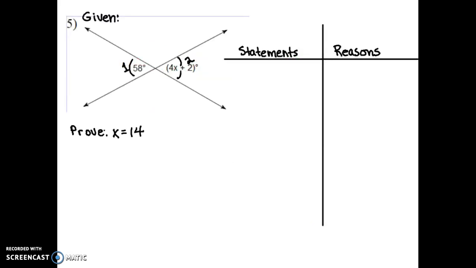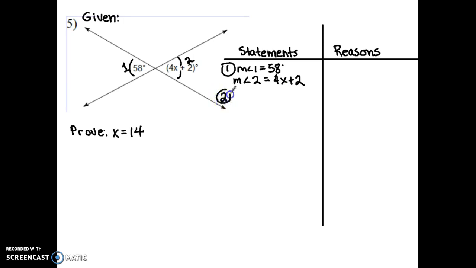In my final example here, I can see that the measure of angle 1 is 58 degrees, and the measure of angle 2 is 4x plus 2.